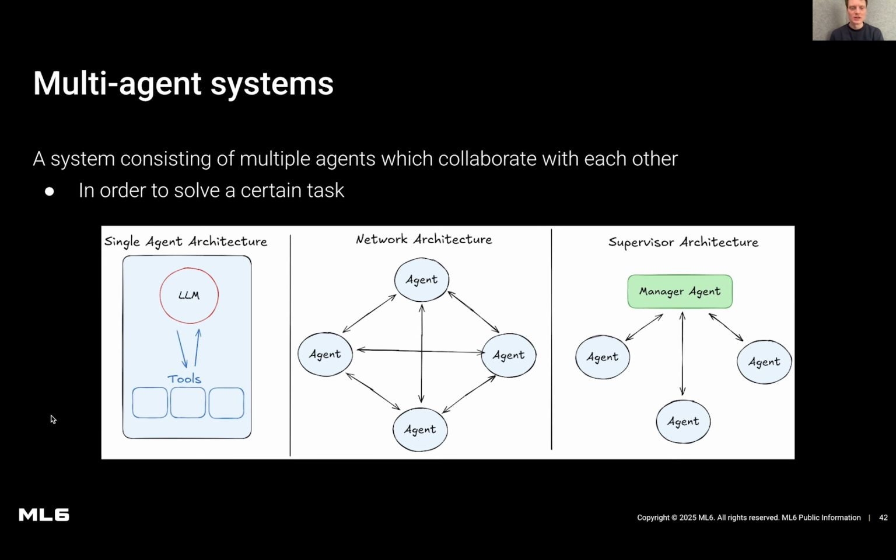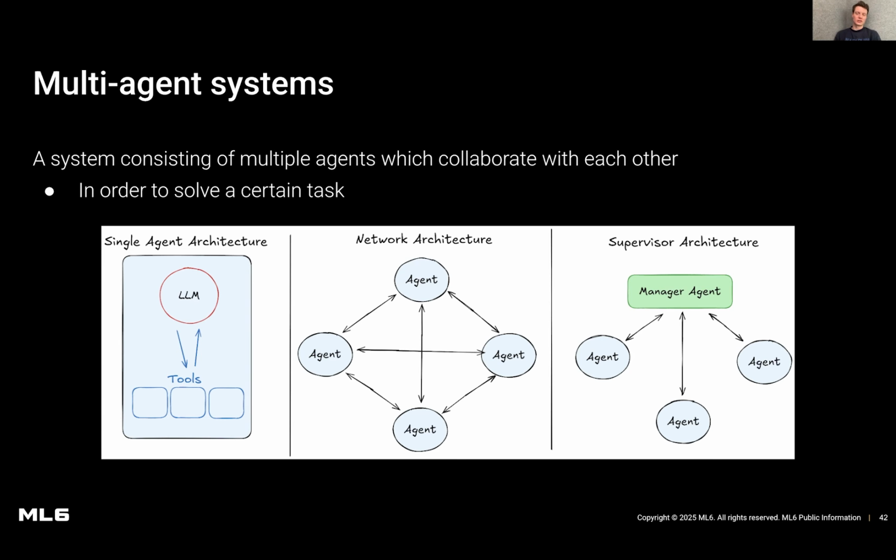So a single LLM that has been equipped with one or more tools is what we call a single agent architecture. But you could of course also have multiple of these LLMs, each with their own tools equipped, and then let them talk to each other and have them make some kind of collaboration. And in that case we describe that as a multi-agent system.